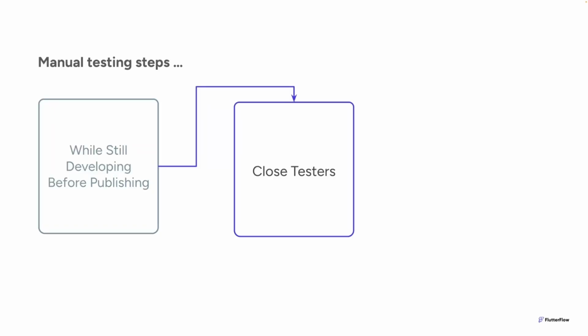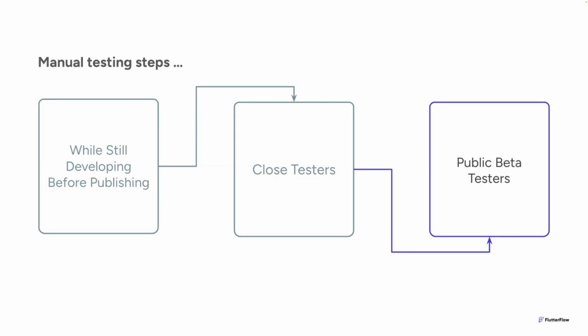After you have tested yourself on your team, you can move on to close beta testing. For this, you can use Apple TestFlight or Google Closed Testing Track, which you will learn about in Module 19. Finally, you can also test with your public beta testers, where you can again use Apple TestFlight or the beta tester track.